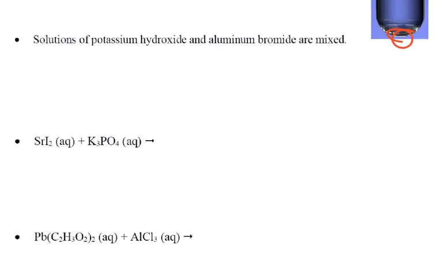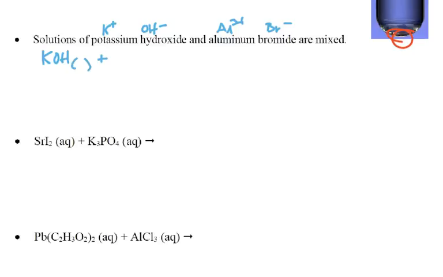Next, solutions of potassium hydroxide and aluminum bromide. So potassium, K plus, hydroxide, OH minus, aluminum, Al3 plus, bromide, Br1 minus. Our first compound, K and OH, is just 1 and 1.